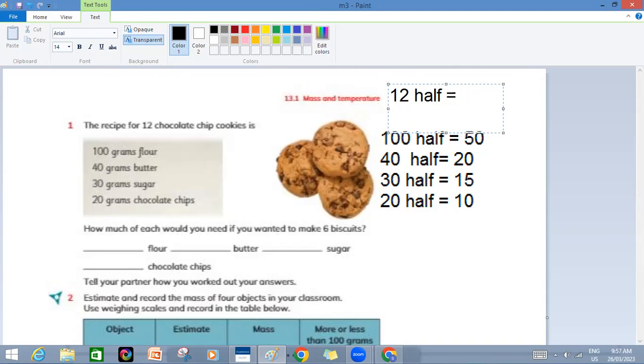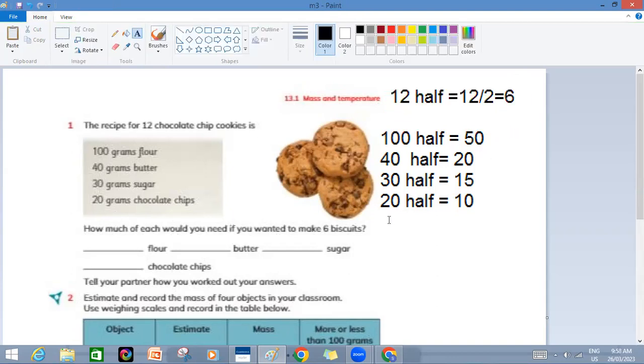Or you can write 12 divided by 2 equals 6. So we can divide all of these by 2 to get the half. How much of each would you need if you wanted to make 6 biscuits?